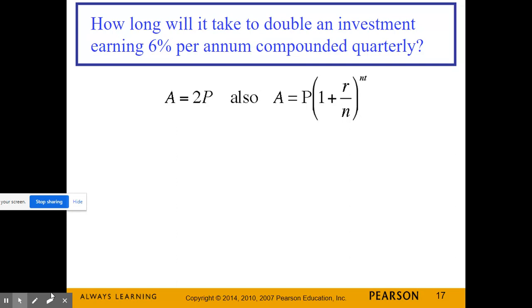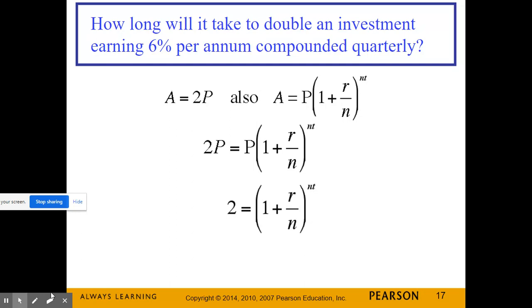The value that you're going to have at the end is going to be double what you started with, right? So you can say it's equal to 2P. Principal is what you start with. So if you double your money, what you end up with is double what you started. You can also use the formula for compounding periodically: 2P is equal to P times 1 plus r over n, raised to the power of nt.